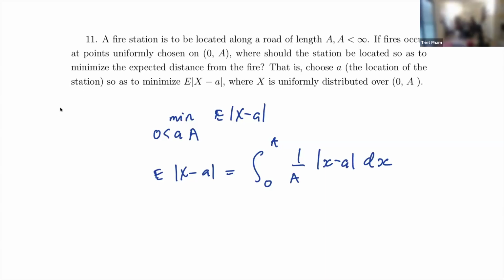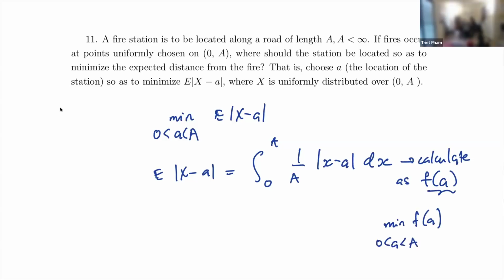Well, the main goal is to calculate this out as a function of little a, whatever that is, so that you can minimize that function over the closed interval 0 to big A. Does that make sense? Okay.